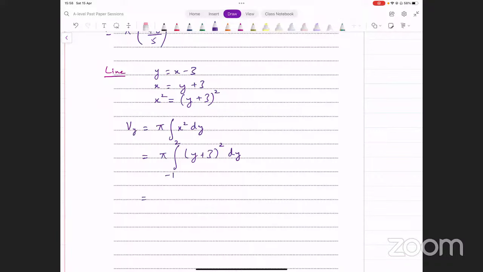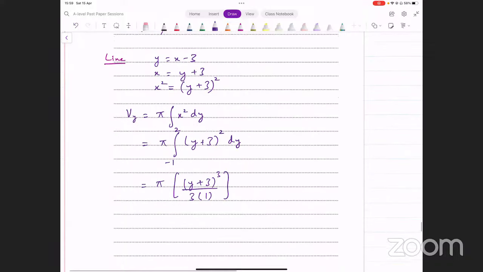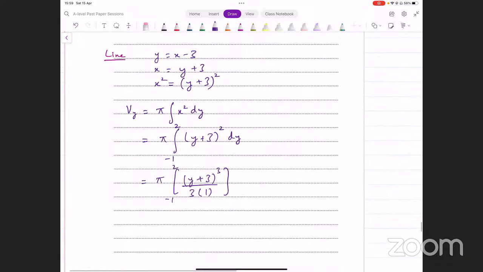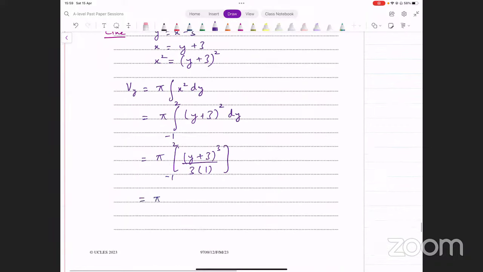So what will its integration be? Pi stays outside, and y plus 3 whole squared: you add 1 to the power, so 2 plus 1 becomes 3, and divide by that new power, and also divide by the derivative of the part inside. The derivative of y plus 3 is just 1, so it makes no difference whether we divide by 1 or not. This will be your integration. Now put in the limits from -1 to 2. Let's input 2 first of all. If we input 2 here, we get 2 plus 3 whole raised to power 3 divided by 3. We subtract from this the case when we input -1.